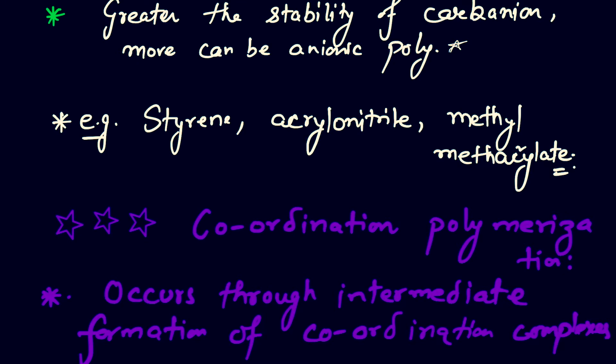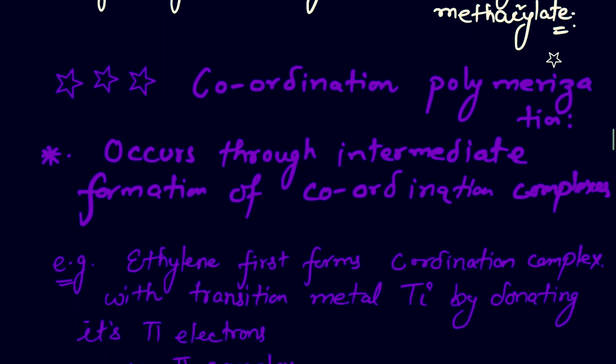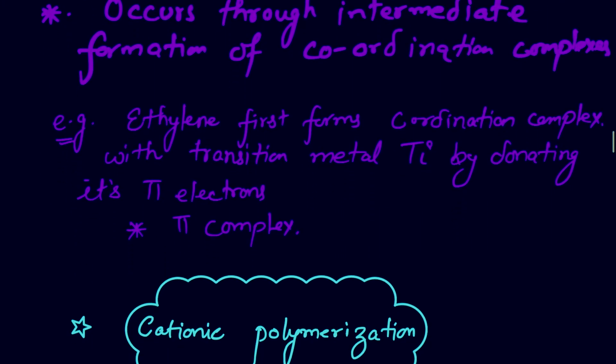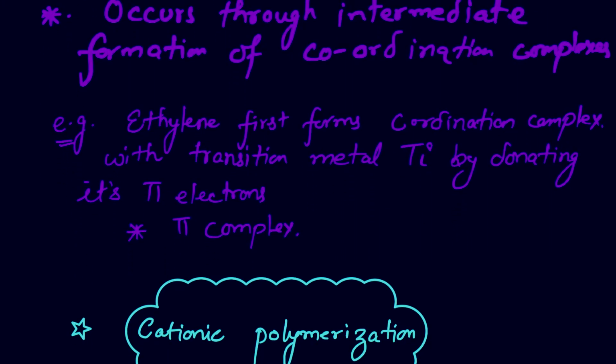Examples include polymerization of styrene, acrylonitrile and methyl methacrylate. This is also termed as coordination polymerization, because it occurs through intermediate formation of coordination complexes.